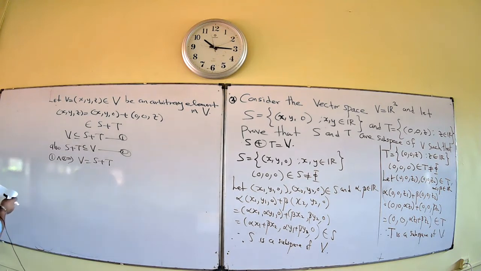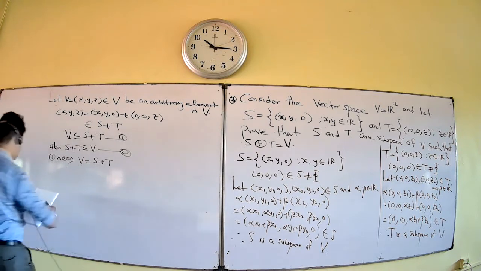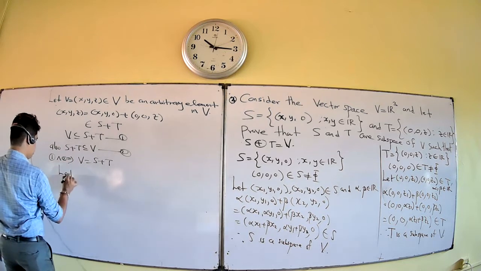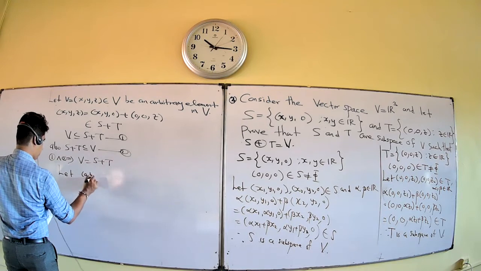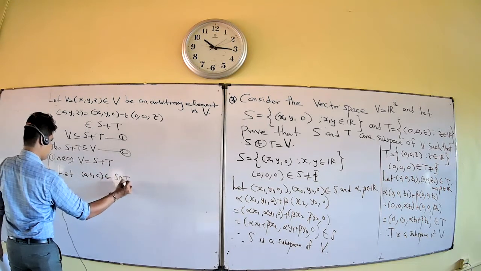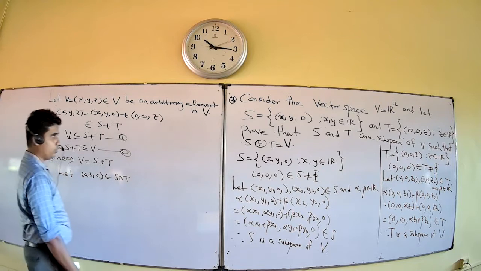So next, you take (a, b, c) belong to S intersection T. Now they asked to prove the direct sum.